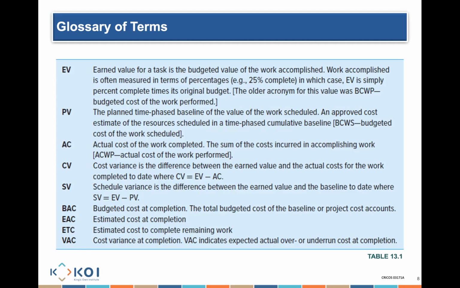I have 10 activities over 10 days, and each time the activity costs me $10 each day. How much is that project supposed to cost me? Anyone?